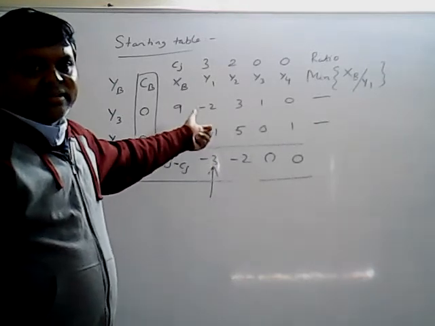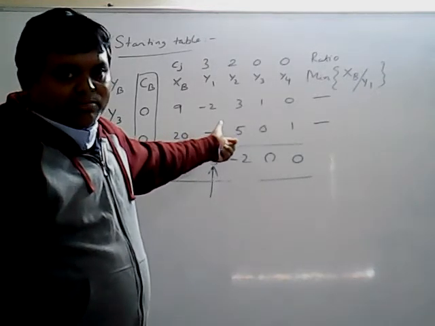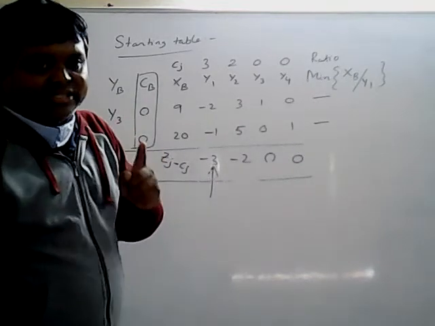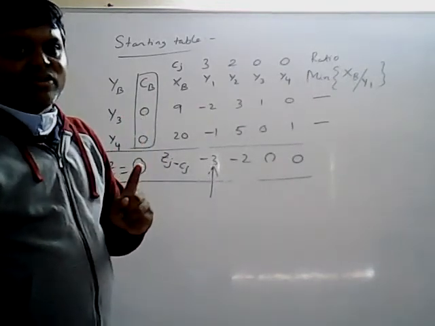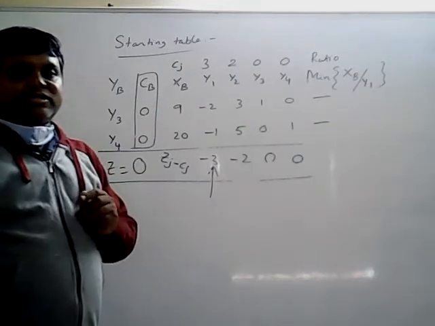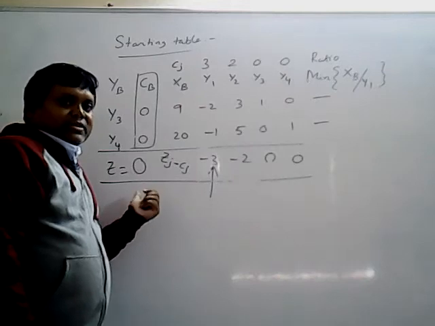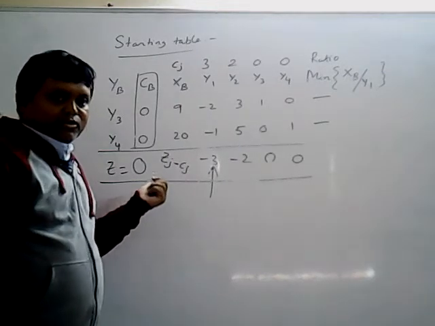Then that type of solution is called an unbounded solution. So in your entering column, at least one positive is required. If a positive value is not there, then the LPP has an unbounded solution.